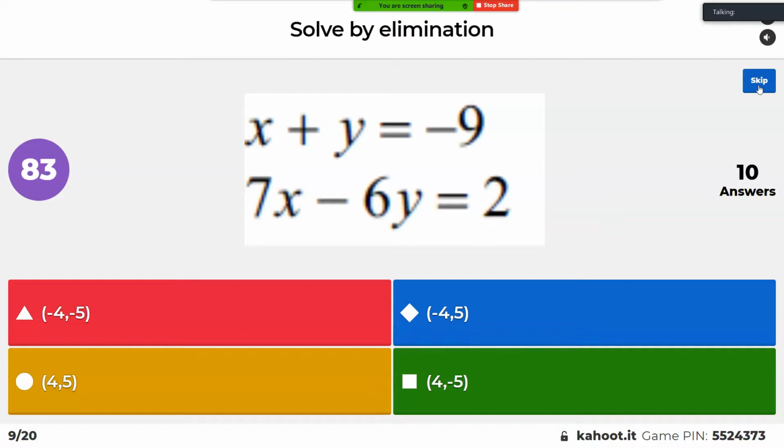I'm in 10th place. What does it matter? What did you pick? Sorry. I think I just picked the wrong one. Did you just accidentally do all of that and make perfect?